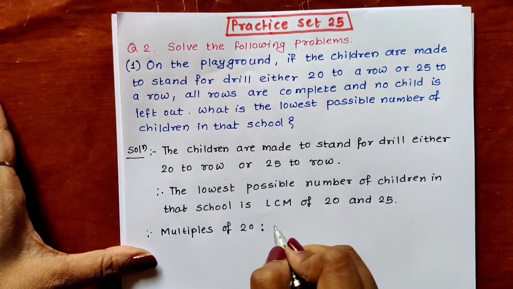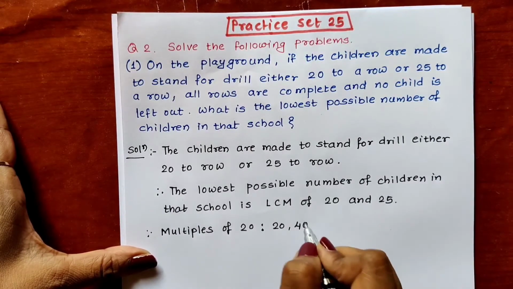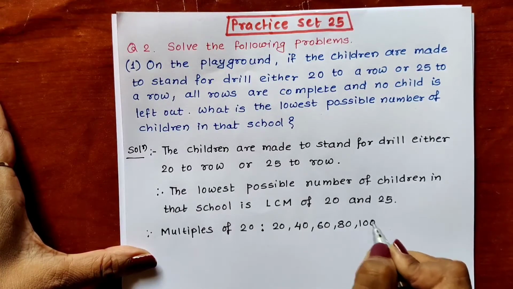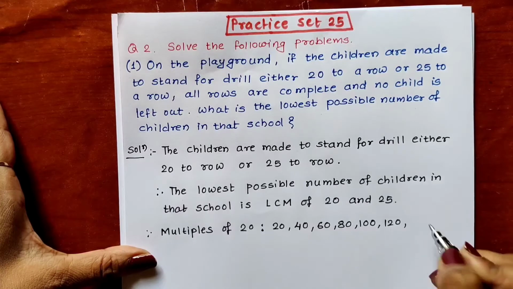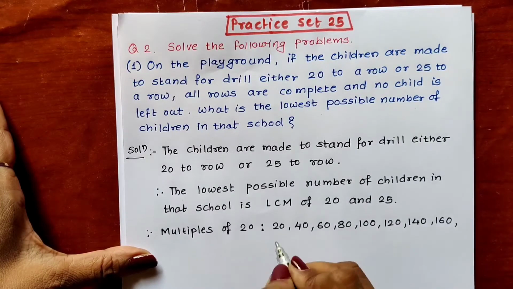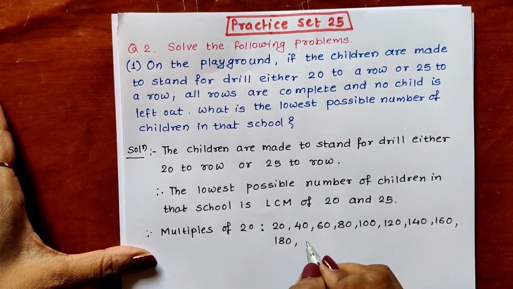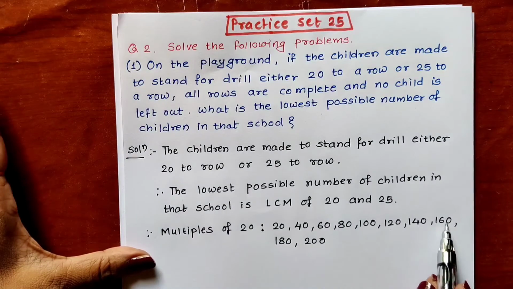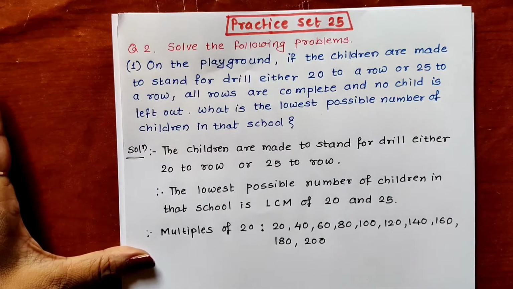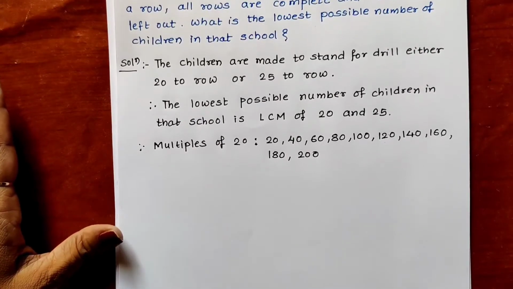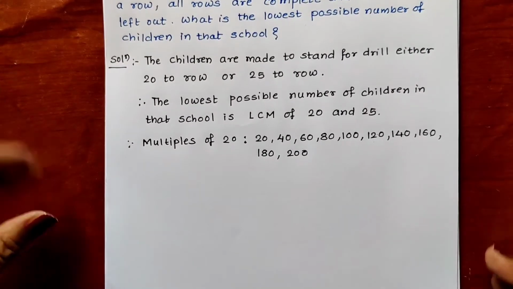we all know the table of 20. Write the table: 20, 40, 60, 80, 100, 120, 140, 160, 180 and then 200. Okay, 1 2 3 4 5 6 7 8 9 10. In this way 20 tens are 200 we have written. Now write the multiples of 25.